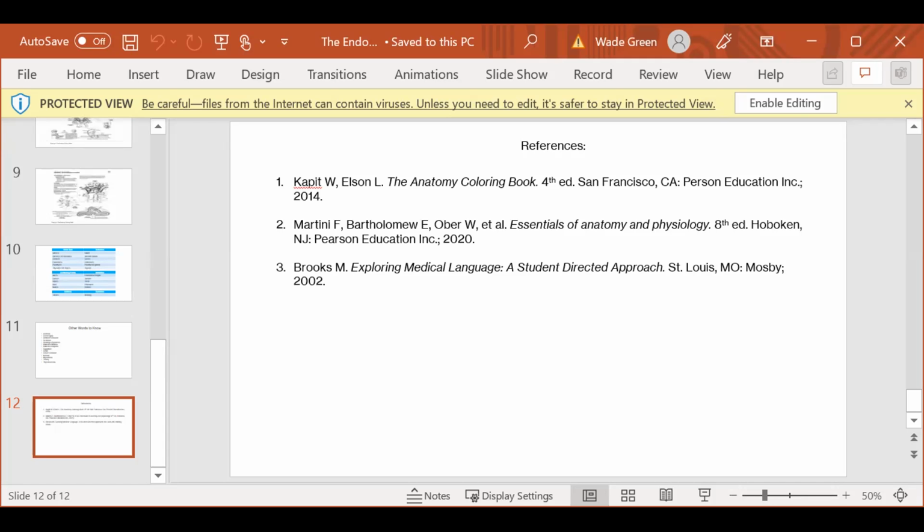Ultimately, we have two types of nervous system. We have the central nervous system, which is the brain and spinal cord. And then we have the peripheral nervous system, which includes all the nerves exiting the brain and spinal cord, including the cranial nerves. In certain locations, we have large networks of nerves that come off structures known as plexuses.